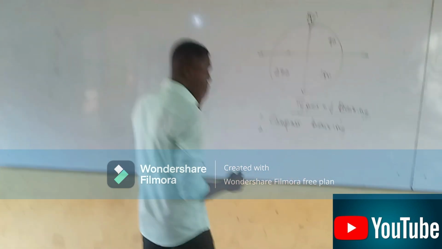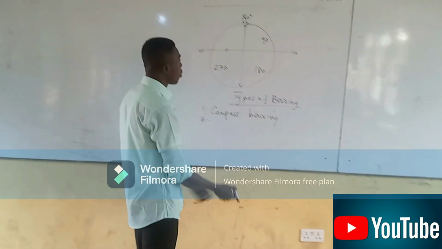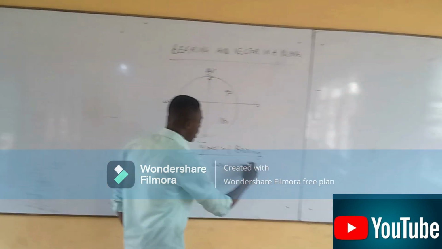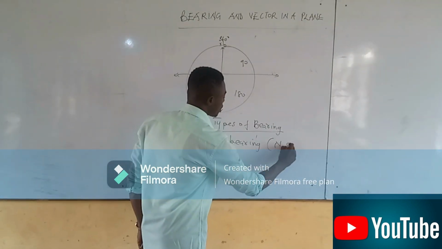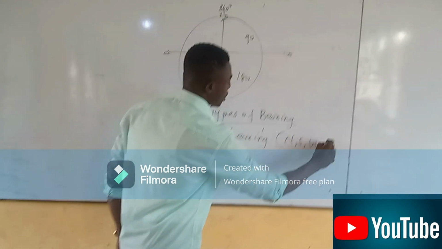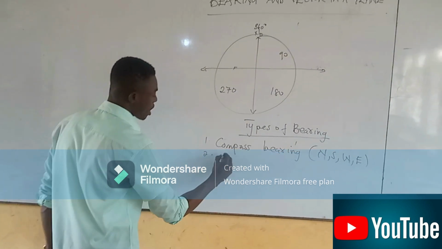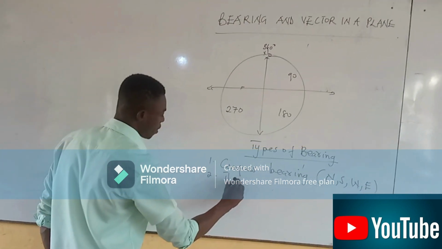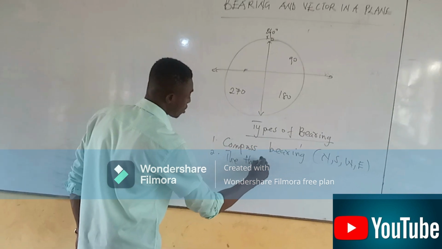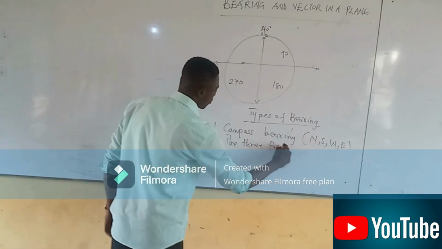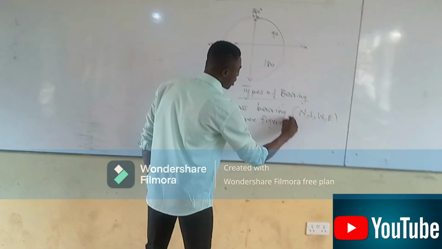And so the compass bearing, we are just talking about using the cardinal points. That is the north, south, west, and then the east poles. And we have what we call the three figure bearing.